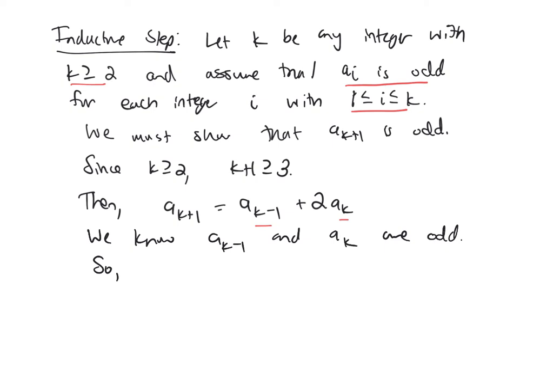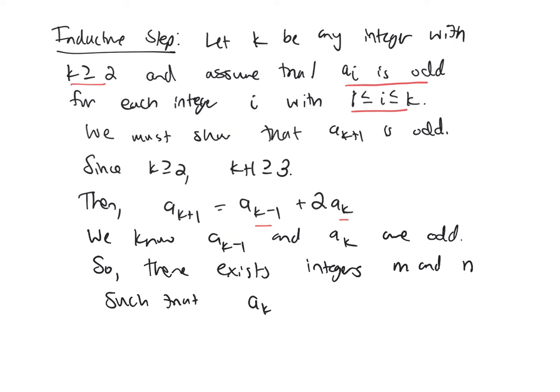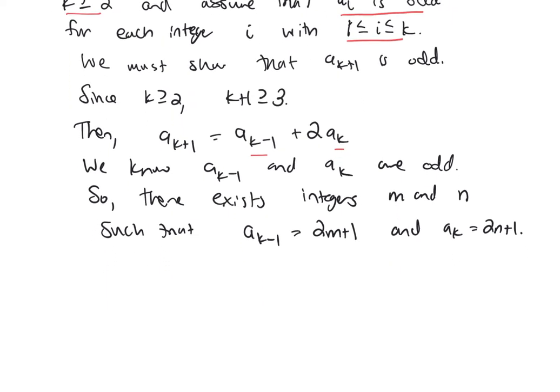So there exist integers m and n such that A_{k-1} is 2m plus 1, and A_k is 2n plus 1. We don't know what m and n are. They're just some fixed numbers.